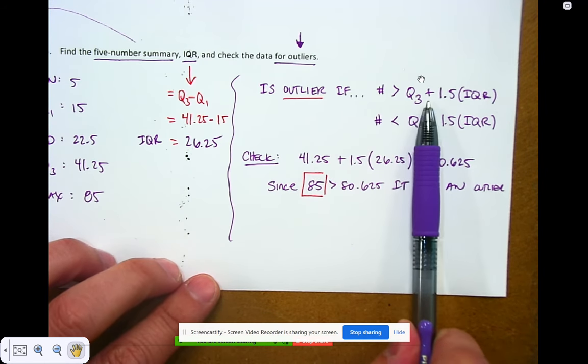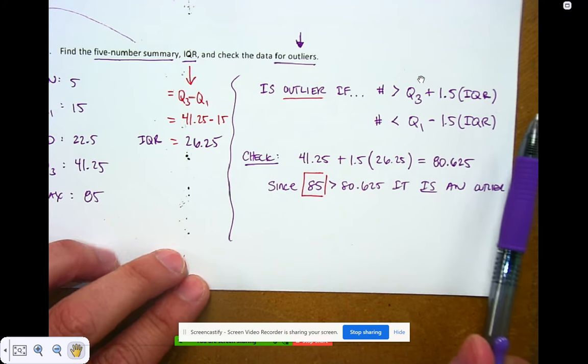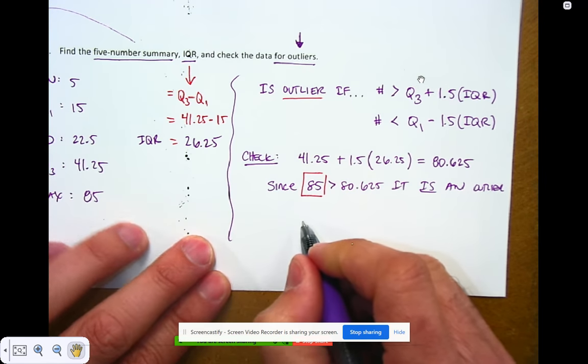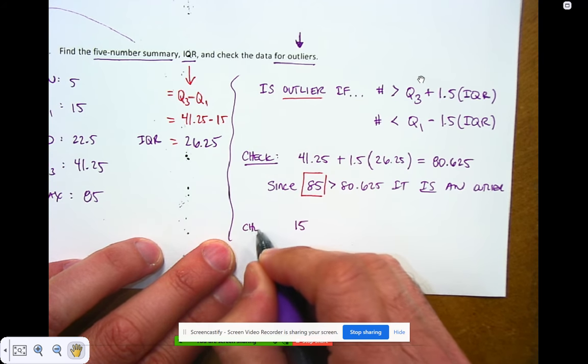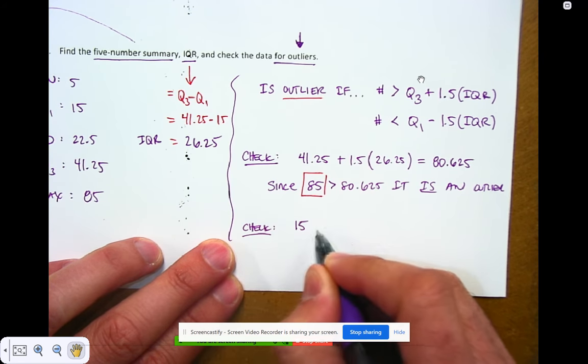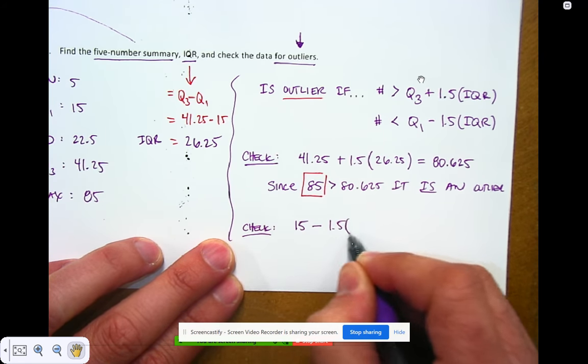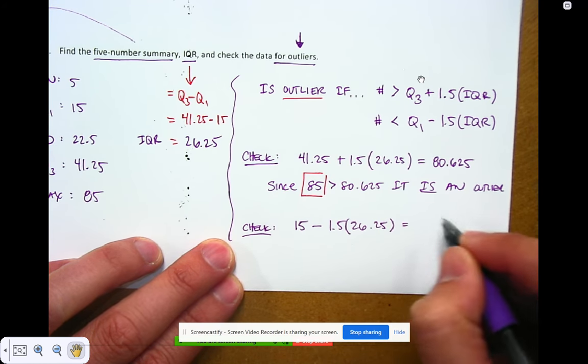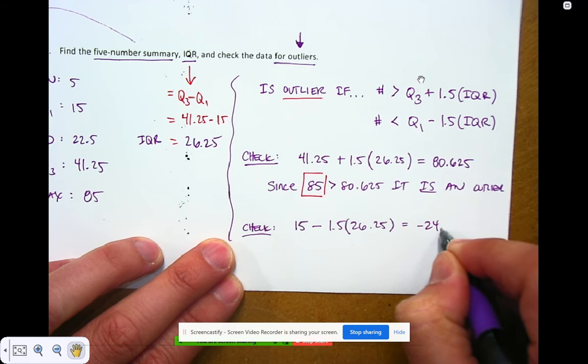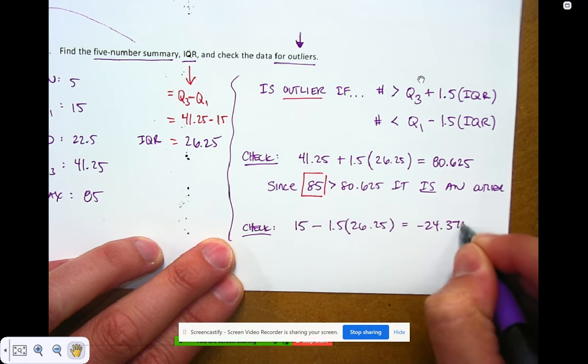So that's a number that possibly is too big. Now let's check too small. So we're checking the other one now, right? Quartile 1, 15 minus 1.5 times the IQR, you get negative 24.375.